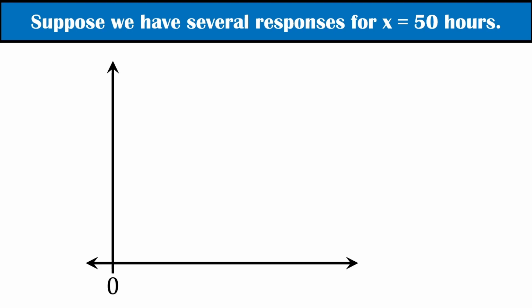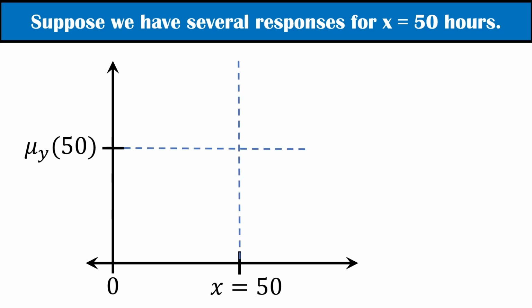Okay, so let's make this a little bit more concrete. Imagine that we have several participants in this study who spent 50 hours watching chess videos. So we're looking at 50 hours as our predictor variable, and we're going to predict the population mean response. In fact, if we actually have the population parameters, we can calculate the exact population mean response.